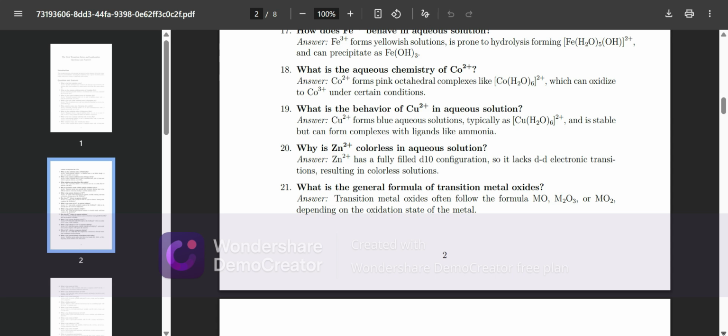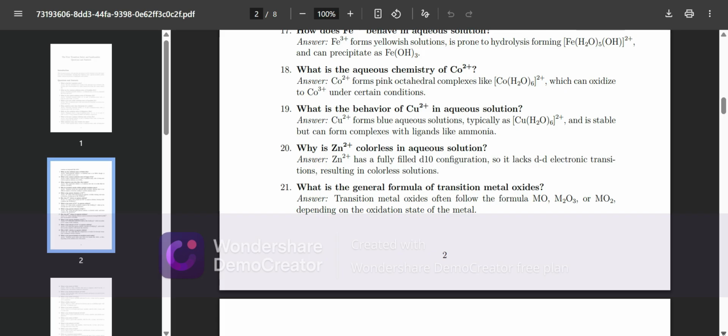Cu2+ forms blue aqueous solutions, typically as [Cu(H2O)6]2+, and is stable but can form complexes with ligands like ammonia. Why is Zn2+ colorless in aqueous solution? Zn2+ has a fully filled d10 configuration, so it lacks d-d electronic transitions, resulting in colorless solutions.